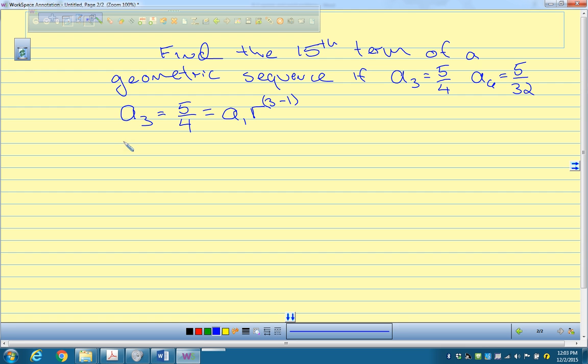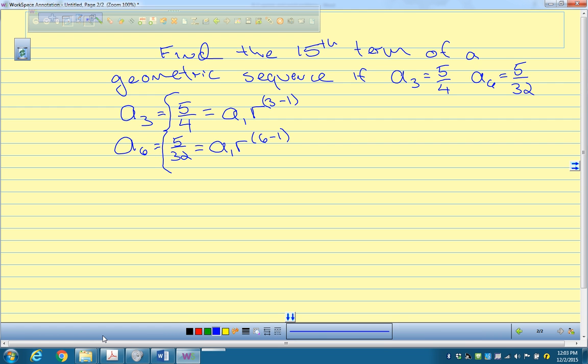And then I also have that A sub 6, which is equal to 5/32, that's going to be equal to A sub 1, which I still don't know, times R, which I still don't know, raised to the 6 minus 1. So now what I have is this system of equations right here that I need to solve.